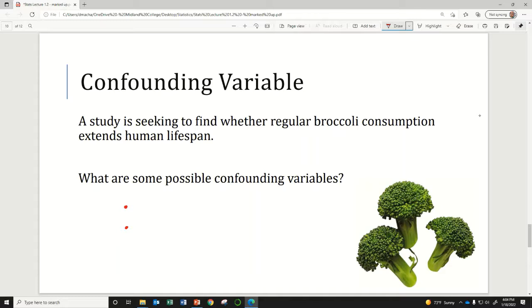Number one would be the other items that are frequently in the diet of the individuals that belong to this experiment. And then maybe other lifestyle choices as well. Like, for example, exercise.